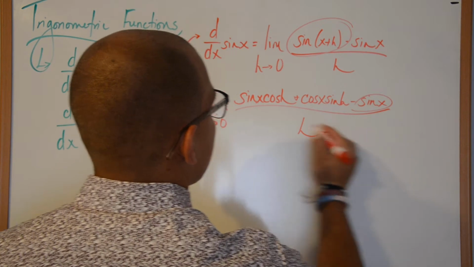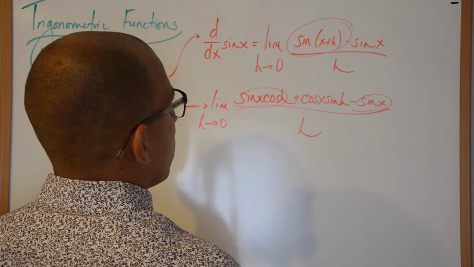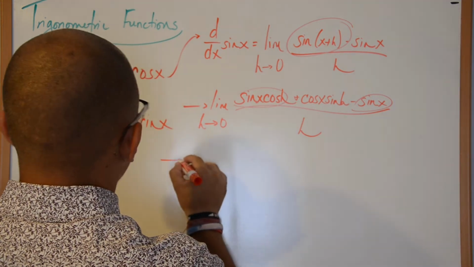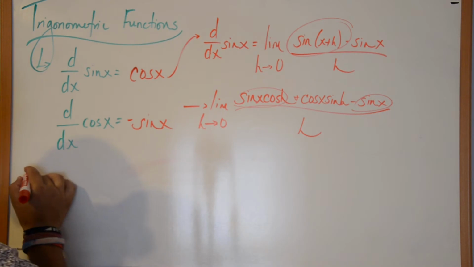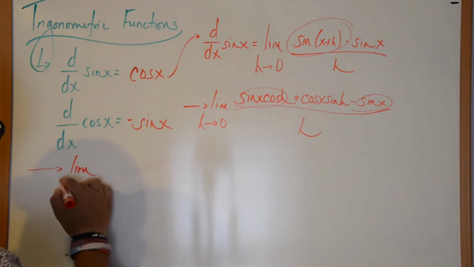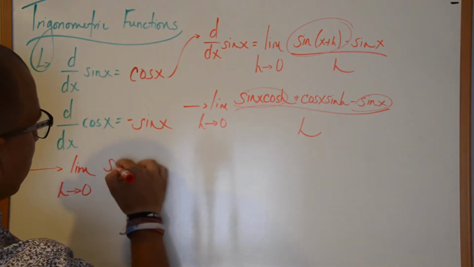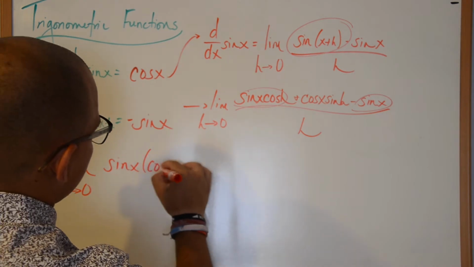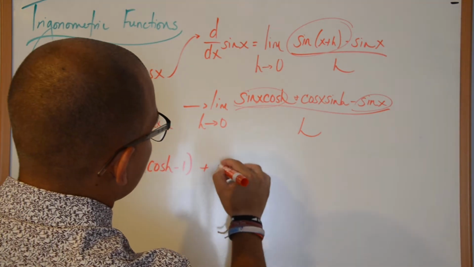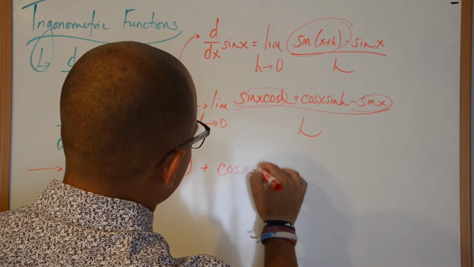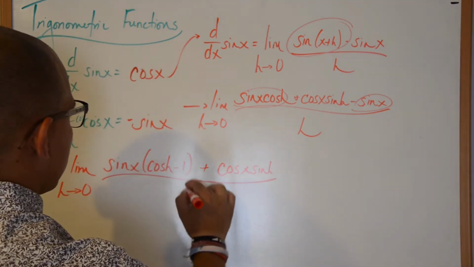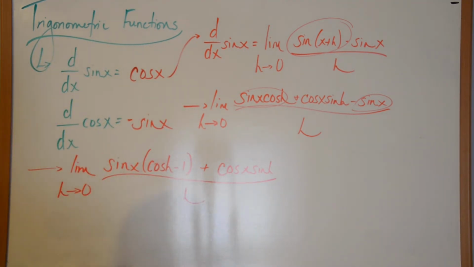We have a common factor here, so give a little bit more space. So we can now say the limit as h approaches 0 of sine of x times cosine of h minus 1, plus cosine of x sine of h, all over h.